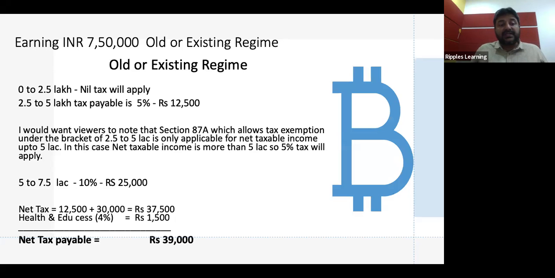What is there? 2.5 lakh. 10% of 2.5 lakh is 25,000 rupees. So net tax is 25,000 plus 12,500, which is 37,500. Health and education cess 1,500. Net tax 39,000 rupees, right?